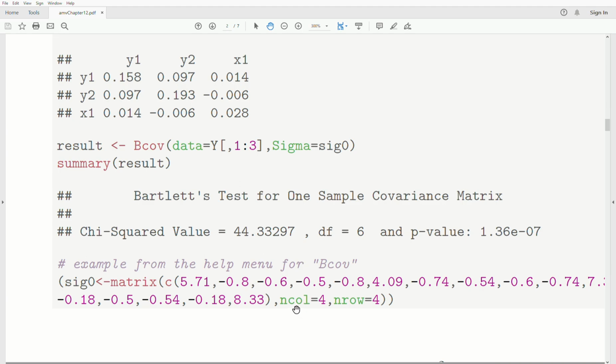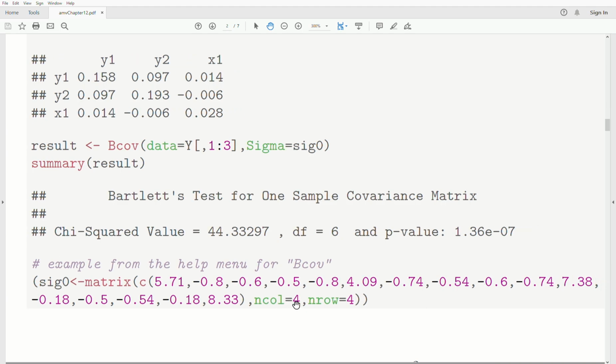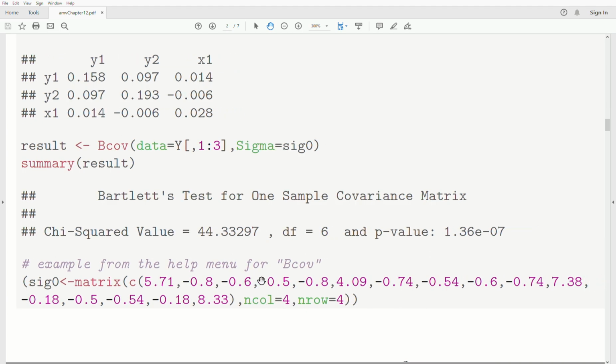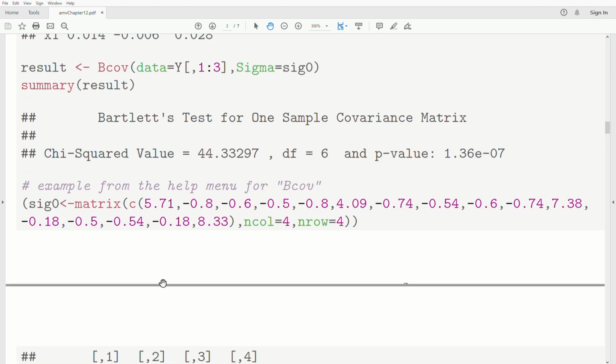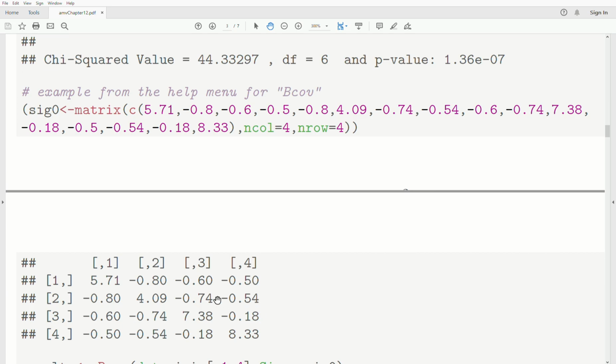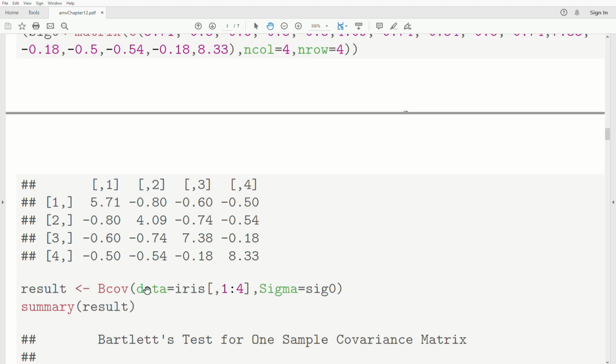Now, if we look at an example from the help menu for this function, they enter a covariance matrix, and let me print it. How they came up with this, I don't know. This is just part of the help menu. And they test to see if the 4 variables in the iris data, which looks at petal length and size, and iris is a built-in data set in R, I don't know if built-in, but it comes with the distribution.